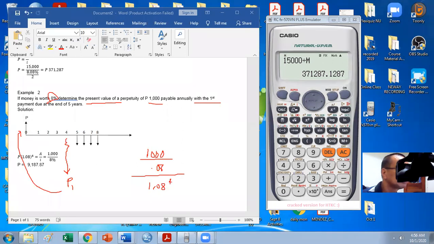So that will be 1,000 divided by 0.08, divided by 1.08 to the fourth. That will be the present value of that perpetuity.